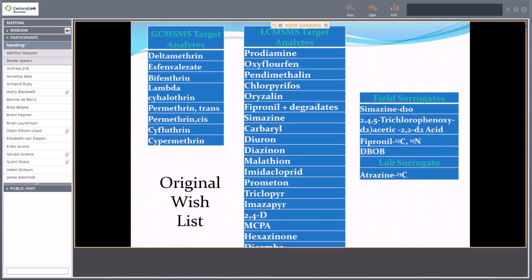We would spike this compound, the atrazine label, prior to extraction. So we would have something that would be a measure of analyte loss upon extraction in the laboratory. So we had some QA elements in addition to trying to just validate the wish list of target analytes.